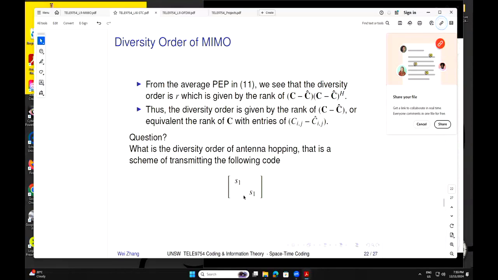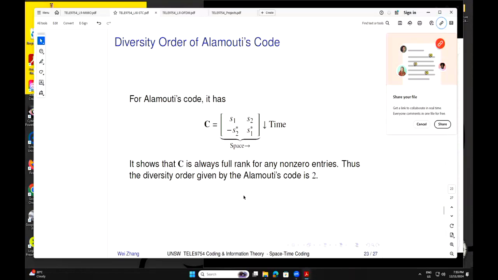This one we also call antenna hopping. That means antenna 1 transmits S1, and in the next time slot, antenna 2 transmits S1. So for sure you can get 2 versions at the receiver, so you can get diversity of 2 without any interference. Simple, but not efficient. But this one is very efficient.